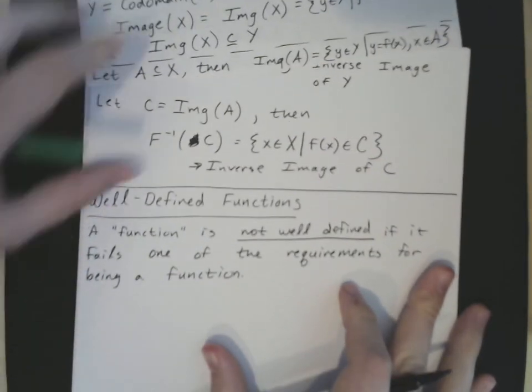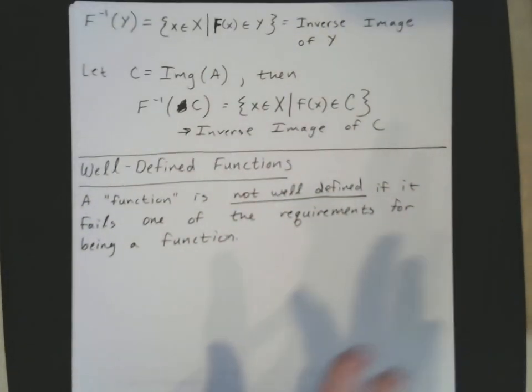Now you might be saying, well, if it fails one of the requirements, is it a function? And the answer is no. That's why I have function in quotes here. As it turns out, it's a lot easier to think about things that are not well-defined than functions that are well-defined.